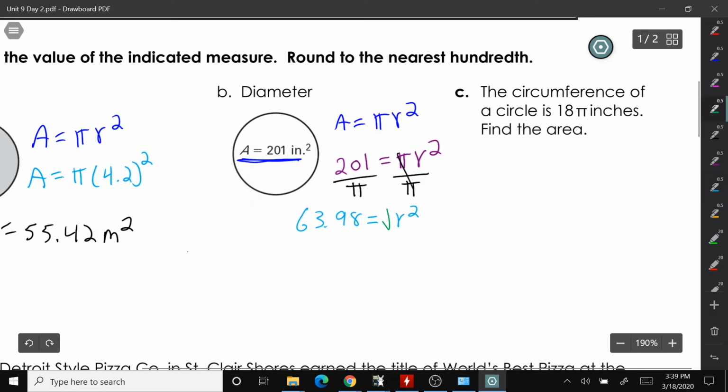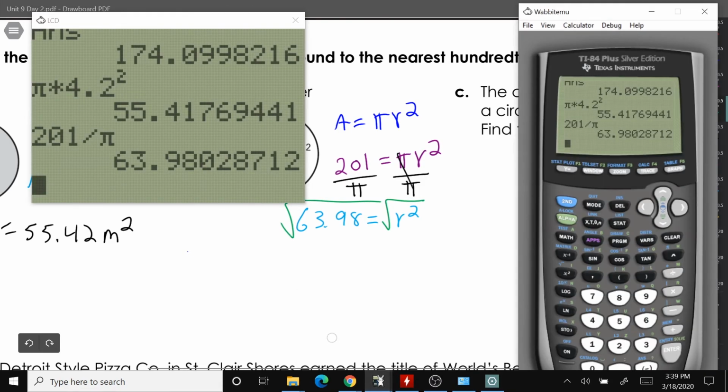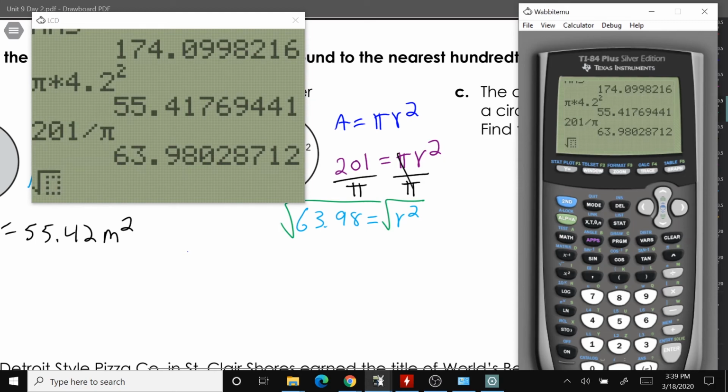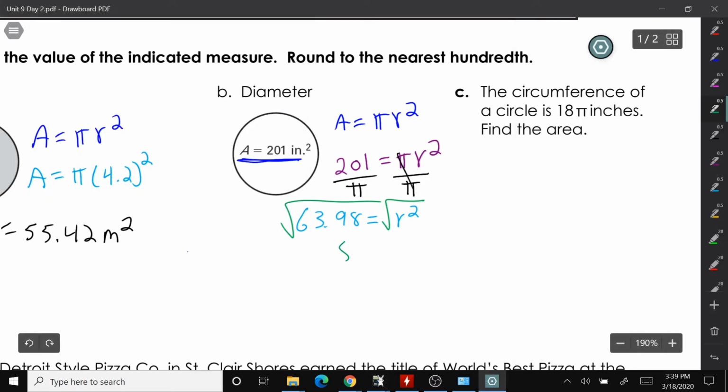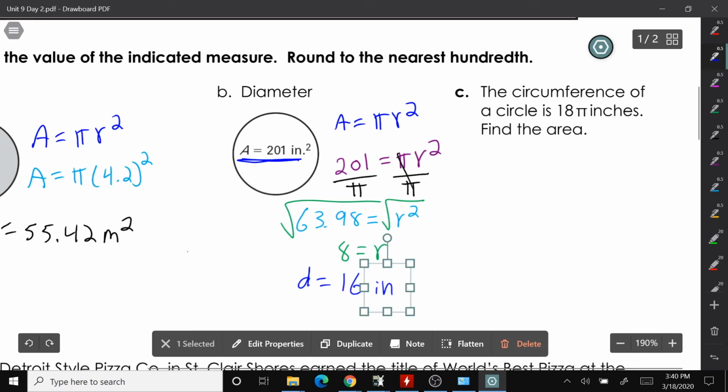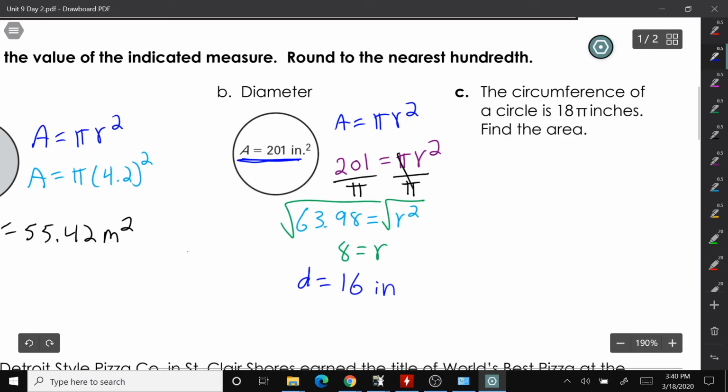And then we can square root both sides. So the square root of 63.98 gives me 7.998. Well, that's going to round up to 8. So 8 is equal to the radius, which means the diameter is going to be 16 inches because the diameter is 2 times the radius.